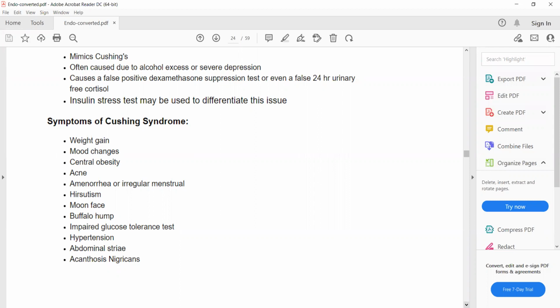So there will be weight gain and moon face due to excessive fat deposition in the cheeks, and buffalo hump due to excessive fat deposition in the back area.